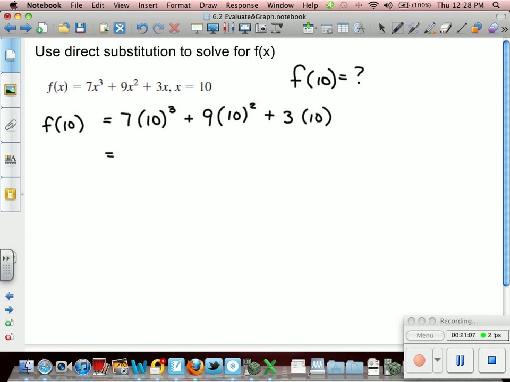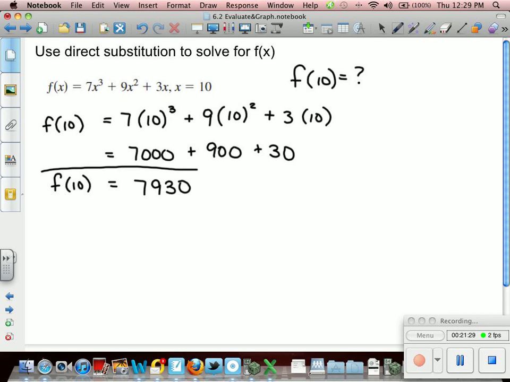That gives me 1,000 times 7, 7,000. 9 times 100 is 900. And 3 times 10 is 30. And I add them all together. So f of 10 equals 7,930.